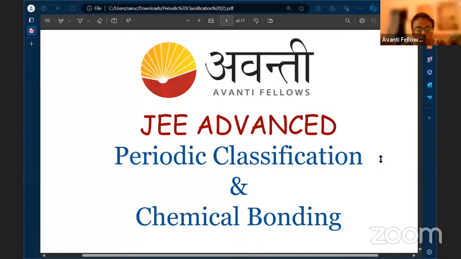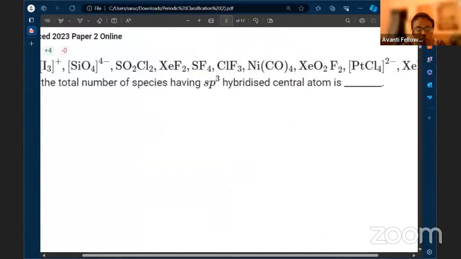Among the few compounds or ions given, you have to see which among the following has sp3 hybridized central atom. Is the question visible to everyone?